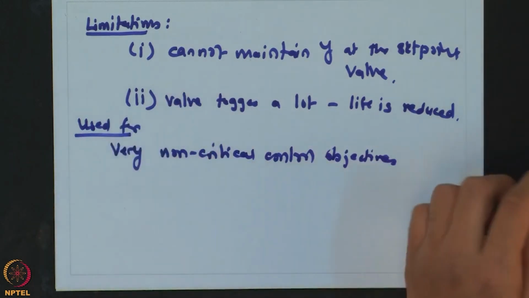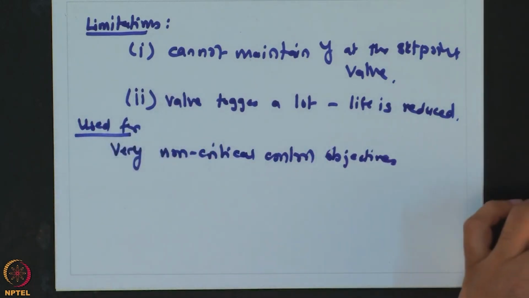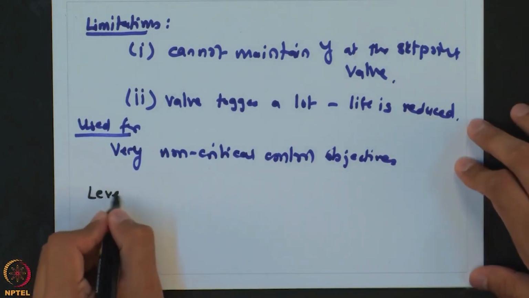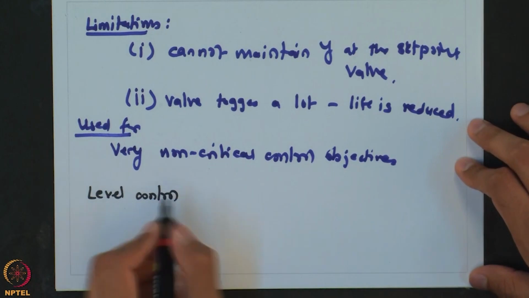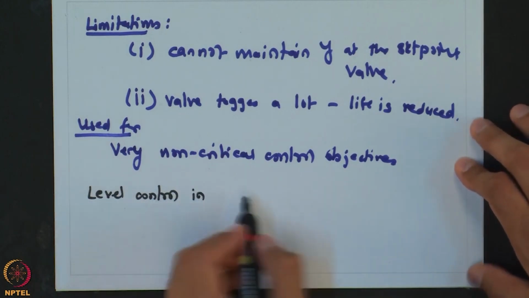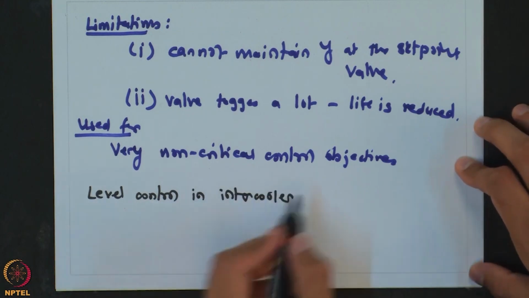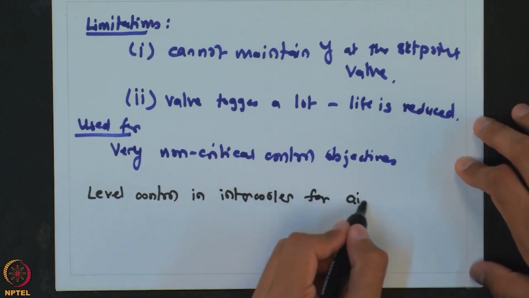So, one of the examples from real life is level control in intercooler for air compressor.